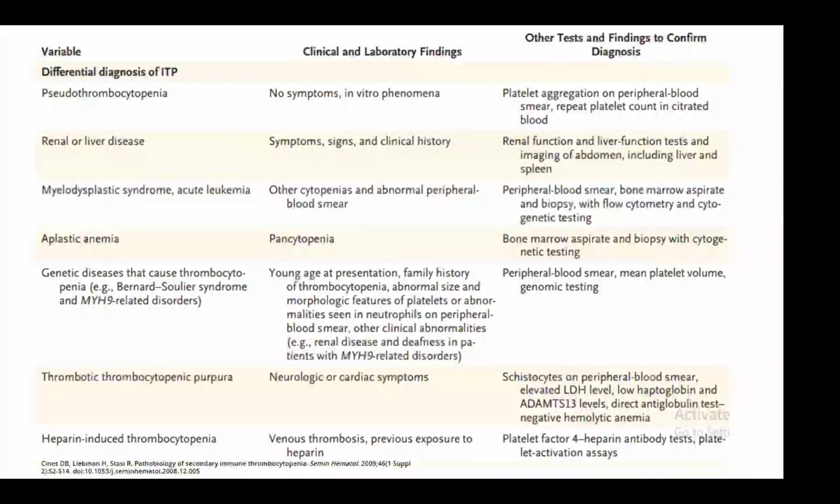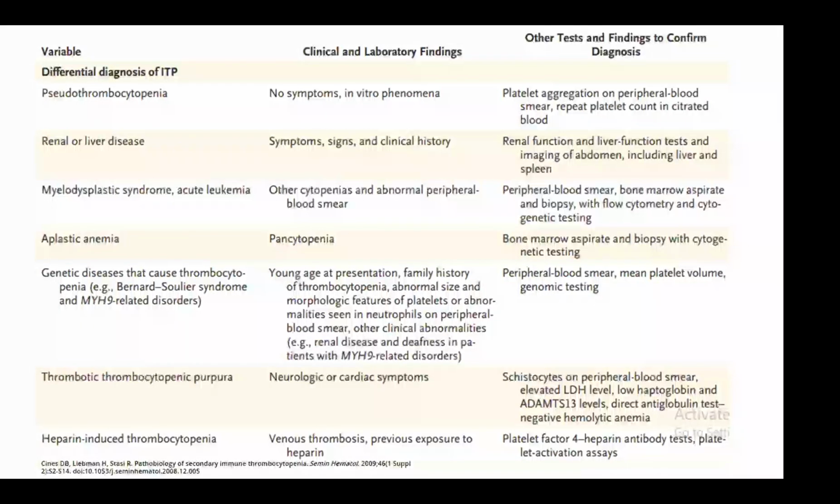These patients are young at presentation or have a family history of thrombocytopenia. In peripheral blood we see abnormal size and abnormal morphology of platelets, and they have other clinical abnormalities like renal disease, deafness, and sometimes bony disorder. TTP is very important to differentiate from ITP.